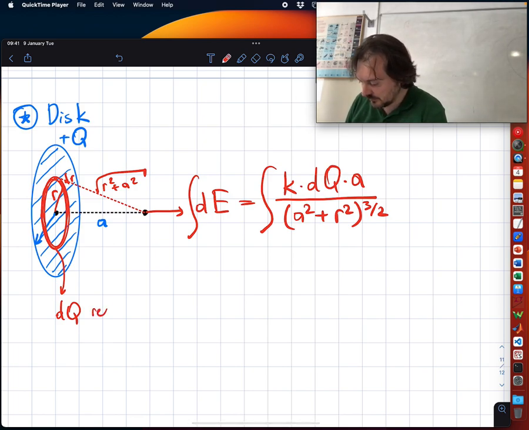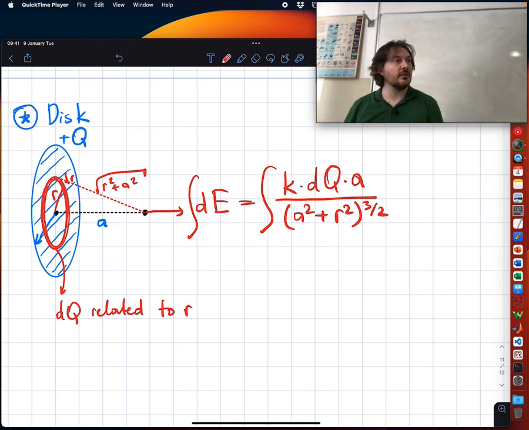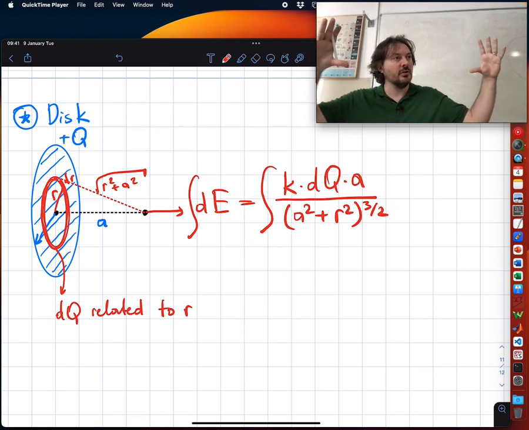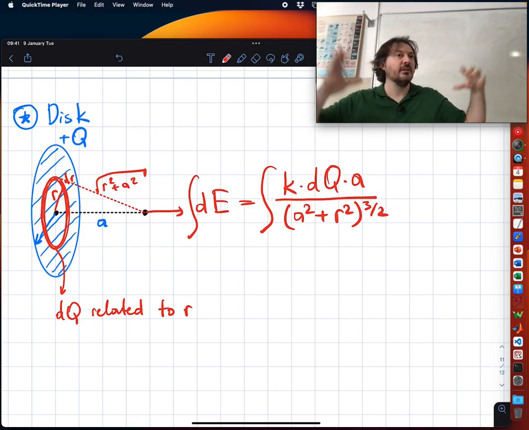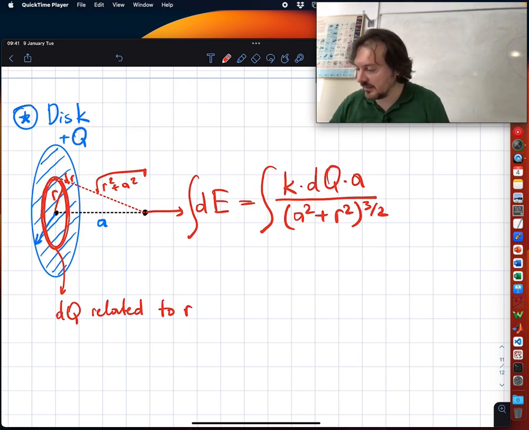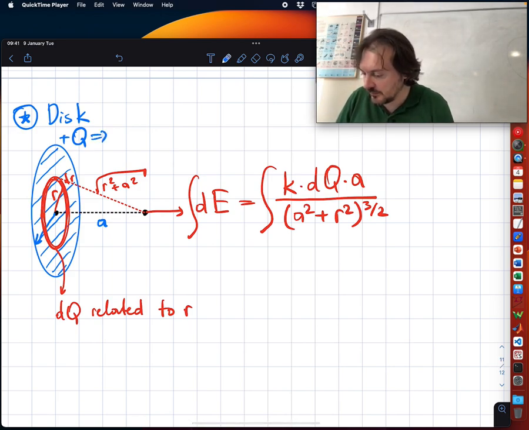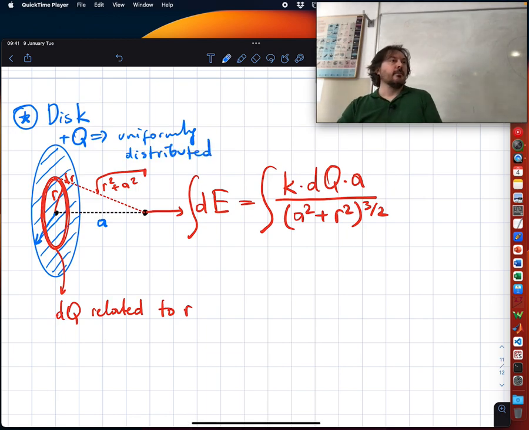Why is that? Because if you have a larger ring, you will have more charge. Of course, we need to say again that this q is uniformly distributed. So since the charge is uniformly distributed, it's not like when you buy XX large, you pay more.